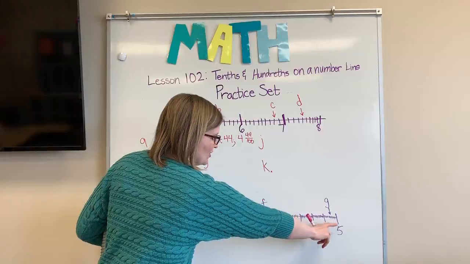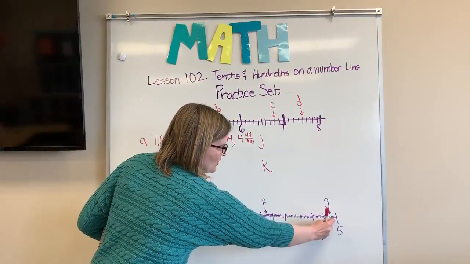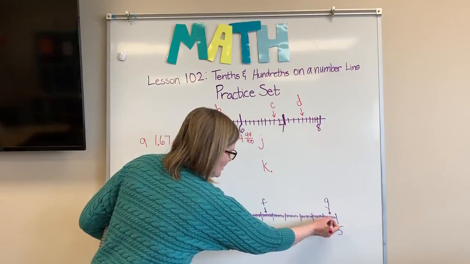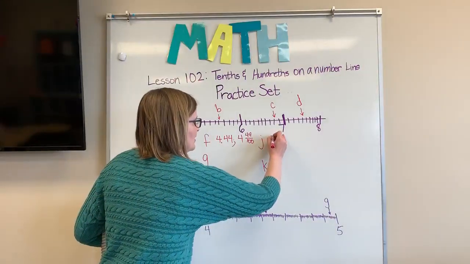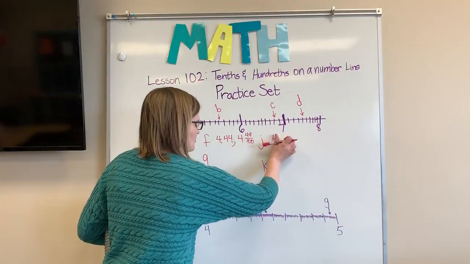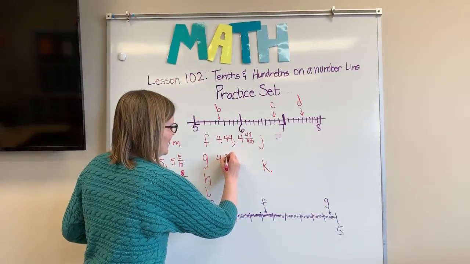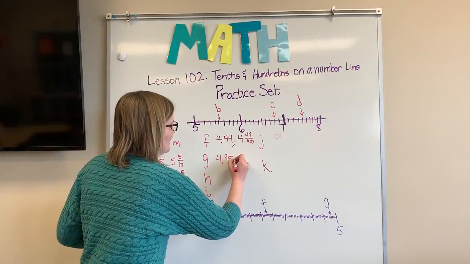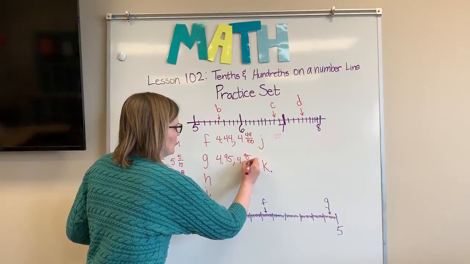Our last one on this tricky set, I actually like to count back because I know that this is 100, 99, 98, 90. This is right here. As I'm counting backwards, this is G, sorry, 4 and 95/100ths, and 4 and 95/100ths.